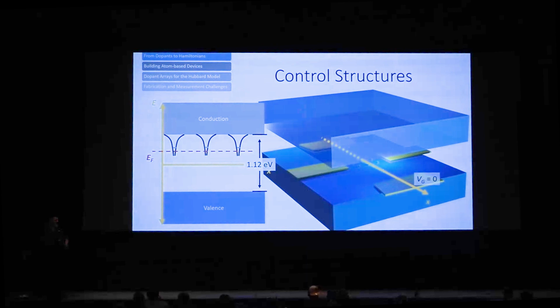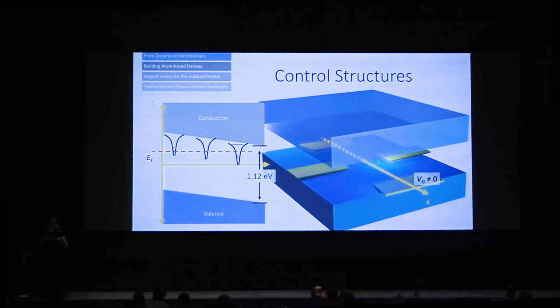And so you can imagine, say, putting a little bit of a bias on this gate, and essentially what happens is we will tilt the states along this direction. And so then we can start filling some of these electronic states that were available. They come below the Fermi energy, we fill them up so we can control how we're filling things into this system.